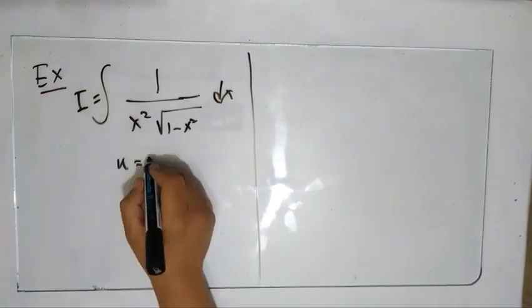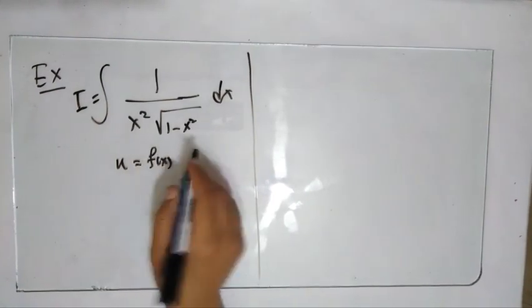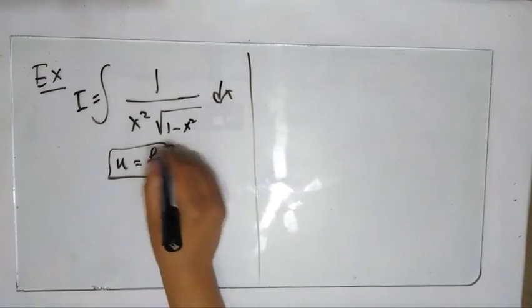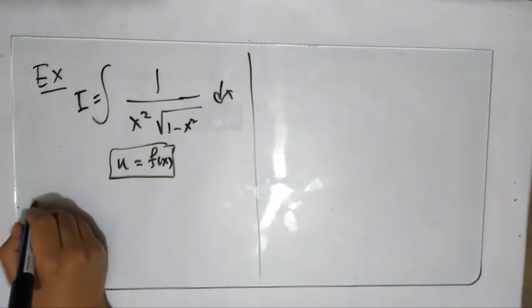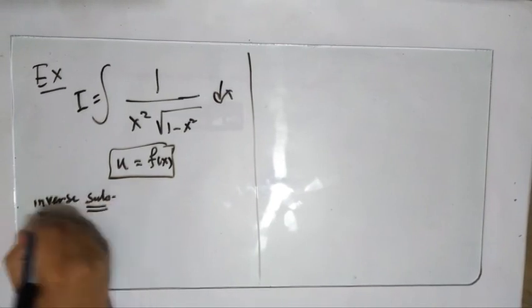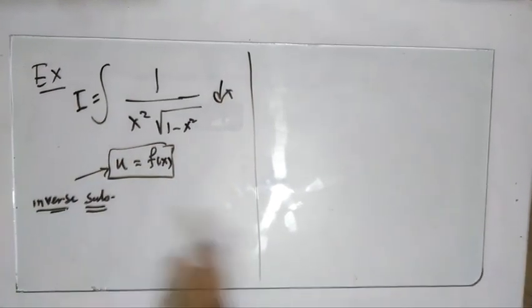So actually all the time you write u as a function in x. But maybe this doesn't work now, so we will define a new substitution which is called inverse substitution. Here we define our new variable as a function in x, but we're going to do it the other way around.